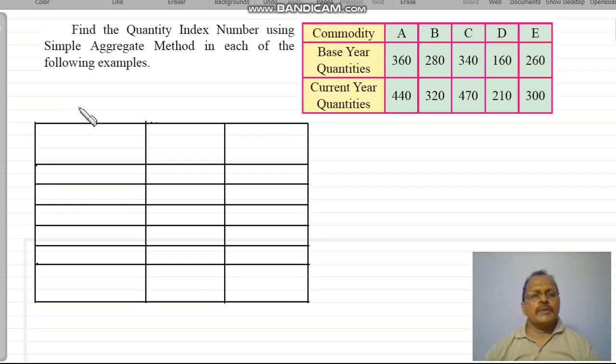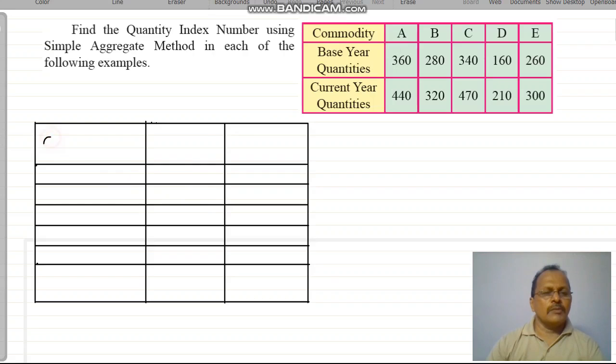The second problem we are going to solve is, find the quantity index number using simple aggregate method in the following example. Commodity A, B, C, D, E are given to us, base year quantities are given to us, and current year quantities are also given to us. Using this we make a table like this.